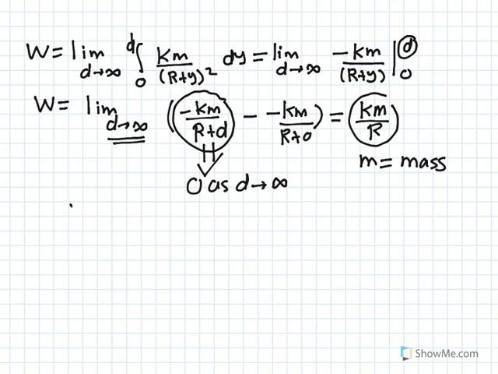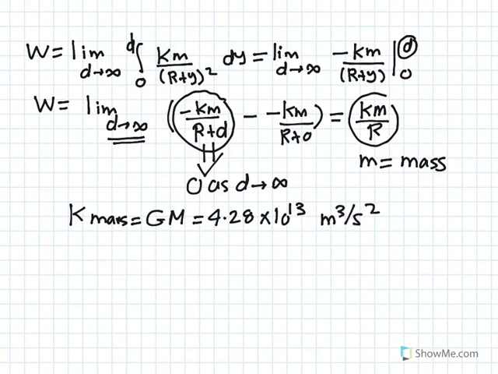Alright, so the constant K for Mars, which is just G times the mass of Mars, is 4.28 times 10 to the 13 meter cubed per second squared. These are the units. The radius for Mars is equal to 3.39 times 10 to the 6 meters. So let's calculate the work required to launch this satellite from ground level of Mars to infinite height into outer space.